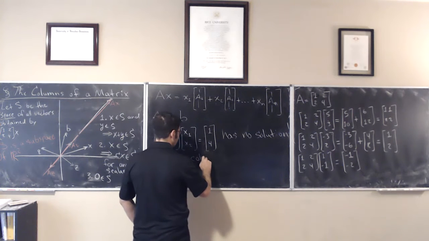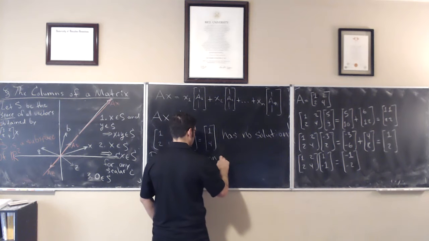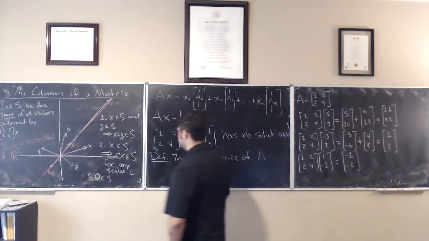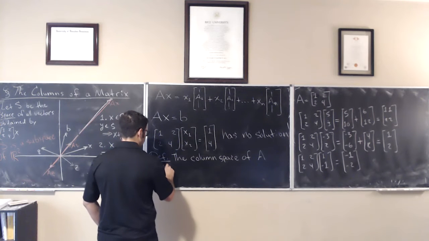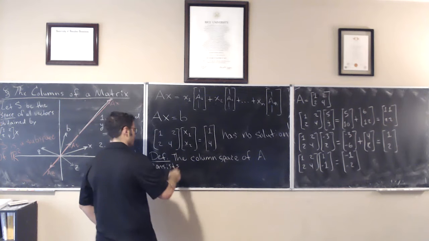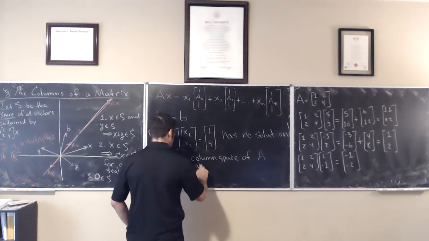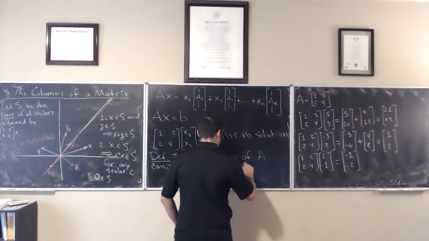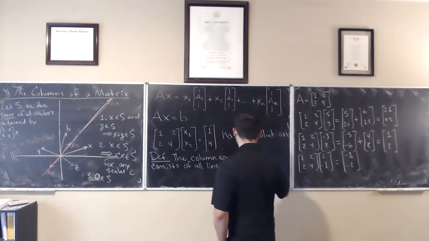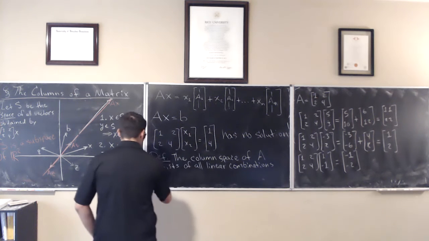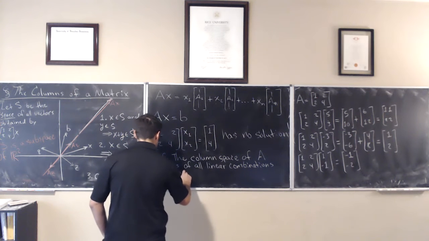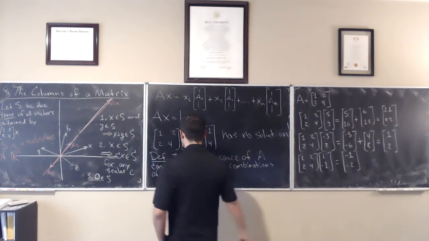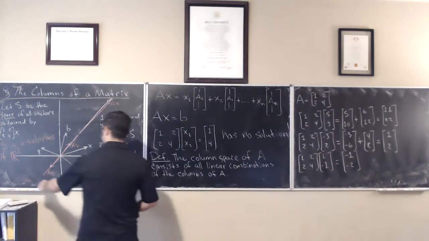The column space of A consists of all linear combinations of the columns of A. Okay, so that's the column space.